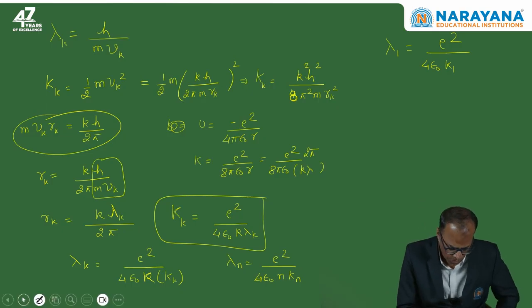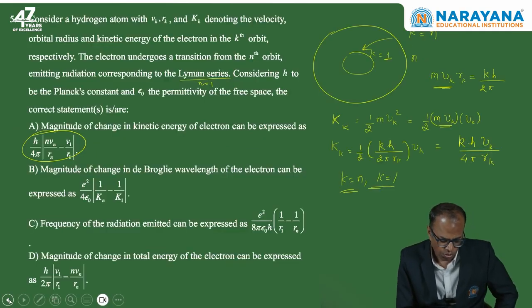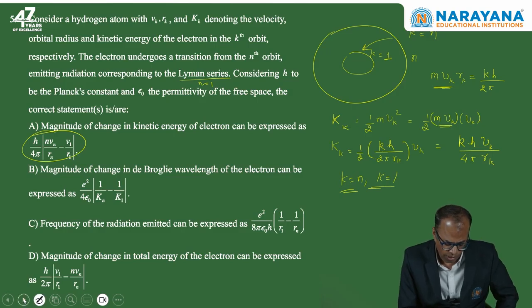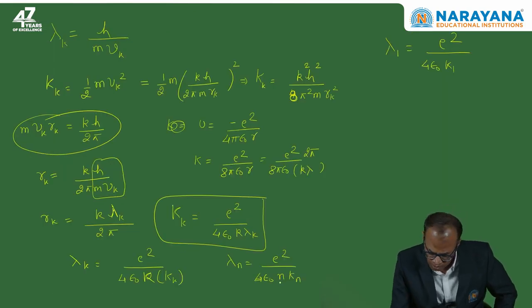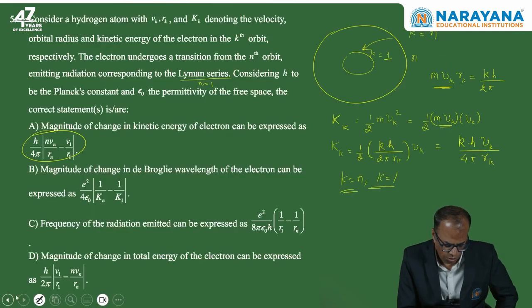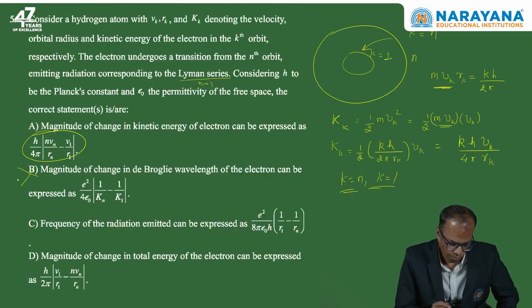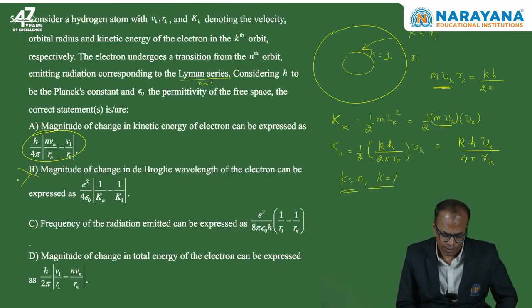Let's check the options now. So it is E square by 4 epsilon naught 1 by kn minus 1 by k1, and I am getting an extra n over here. So option B is not correct.